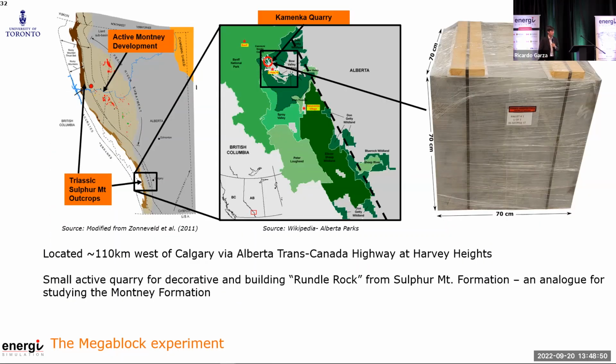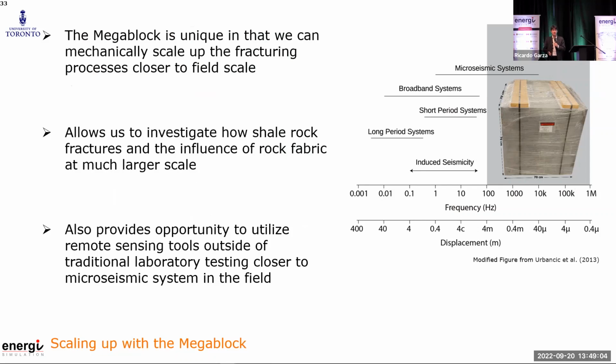So the quarry is coming from Canmore, and from the Sulphur Mountain Formation, that is an analog for the Montney shale. What is unique of the mega block is that, given the volume of rock, we are going to be able to equip it with as many remote sensing tools as we can.